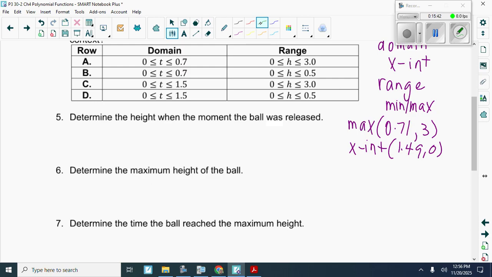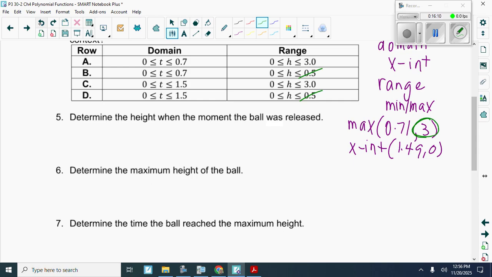Okay, so for the max, we talked about we need the max value, so we're going to round that to 0.07. Sorry, I did that the wrong way, didn't I? That was my height. There we go. I'm looking for my height.